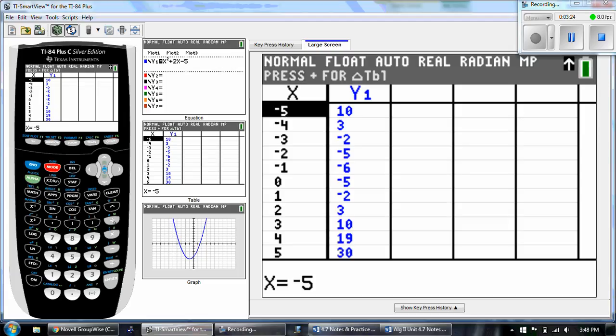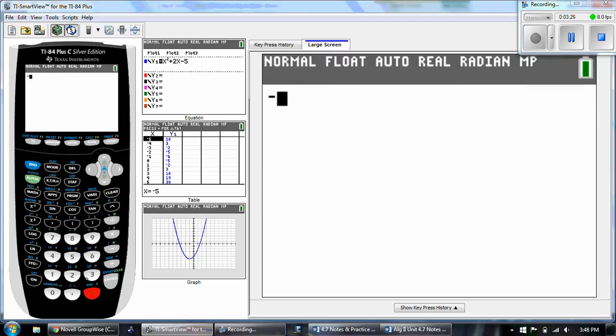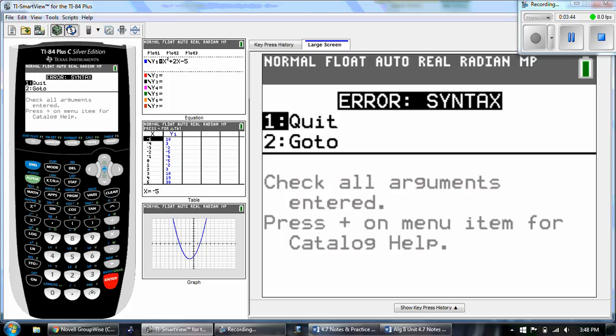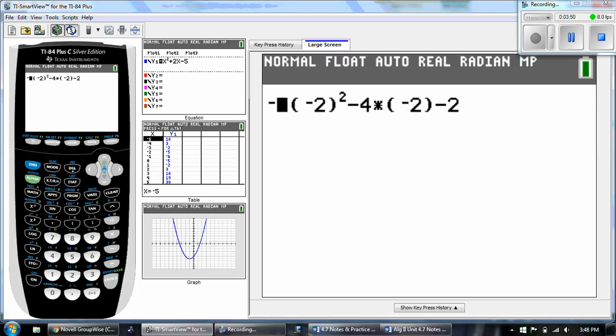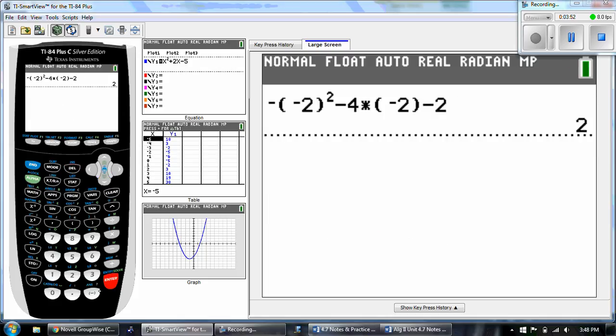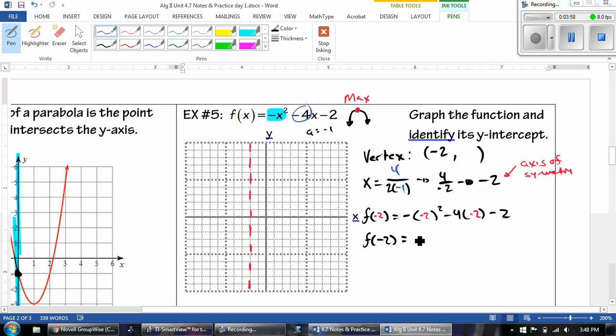So out front we have a negative times -2 squared, minus 4 times -2, minus 2. Okay, and I messed something up, so let me fix that. Enter, and we get a positive 2. So my vertex is at (-2, 2).